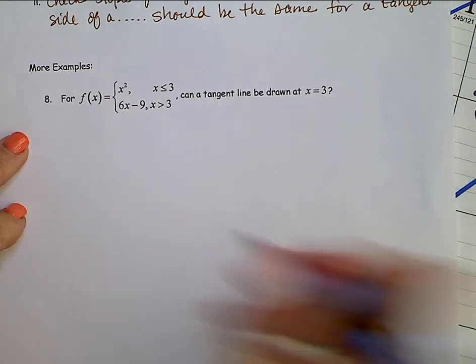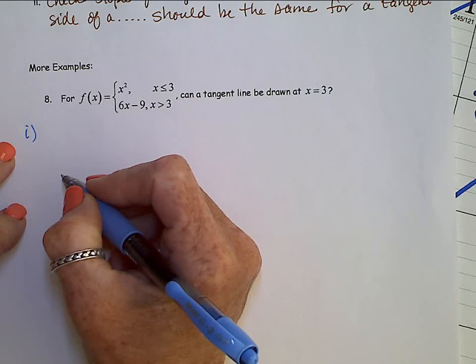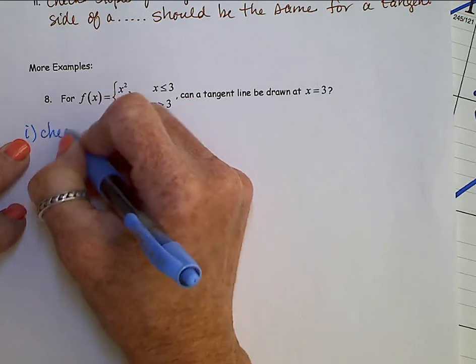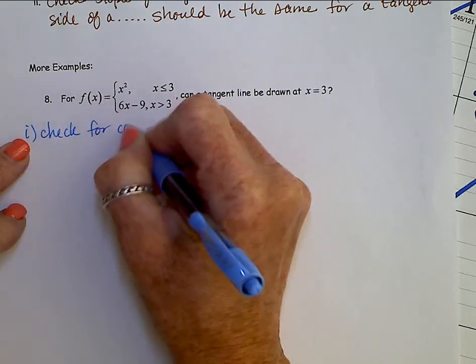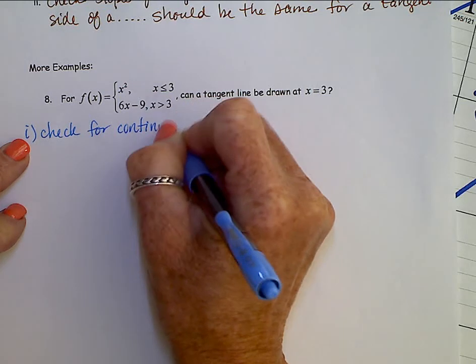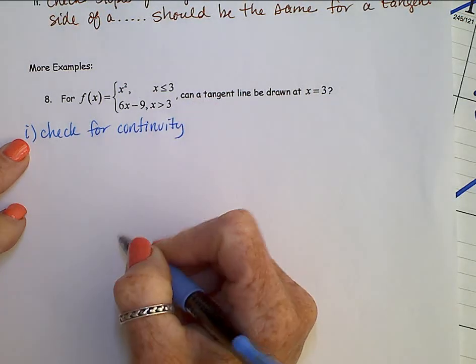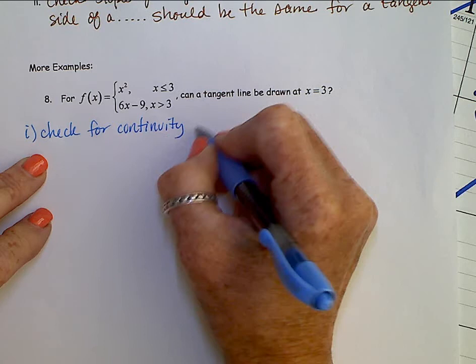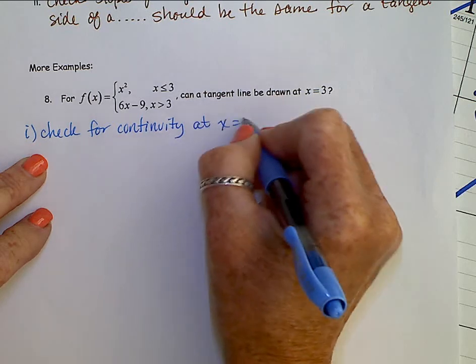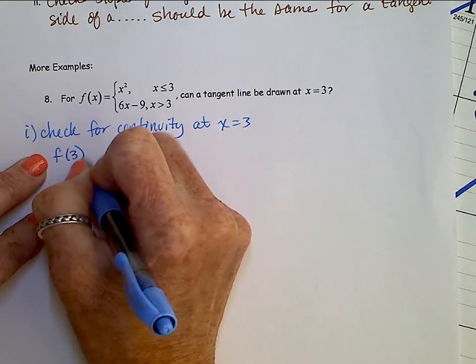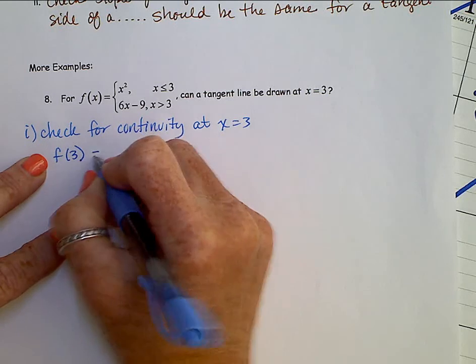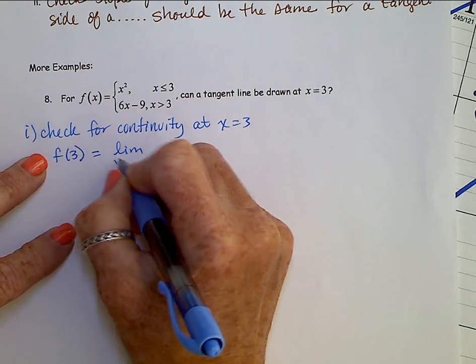The first thing that we're going to do is to check for continuity. Which means we're going to check f of 3 to see if that is equal to the limit as x approaches 3.